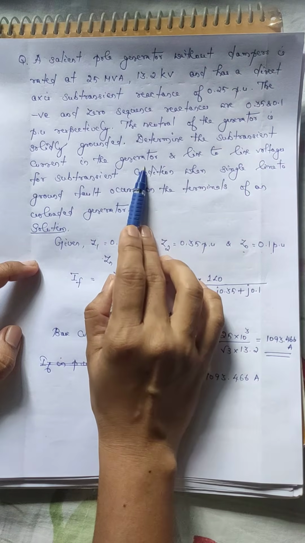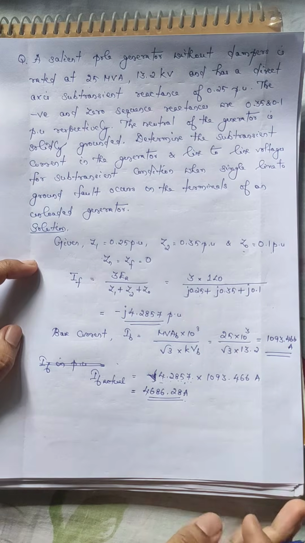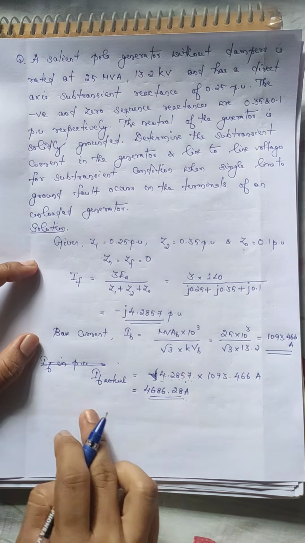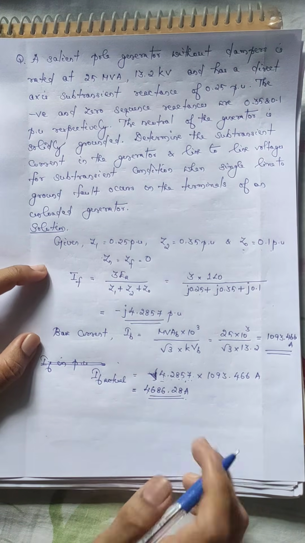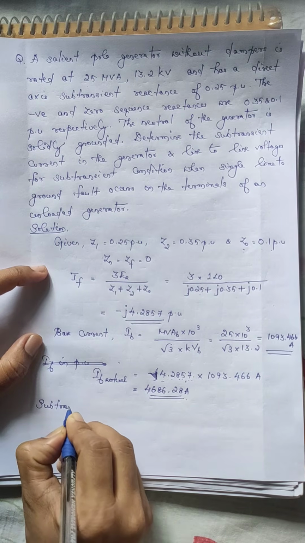So we have to calculate the subtransient current in the generator. That means the current through all the phases under fault condition. So we have to calculate IA, IB and IC. So let us calculate subtransient currents in the generator.